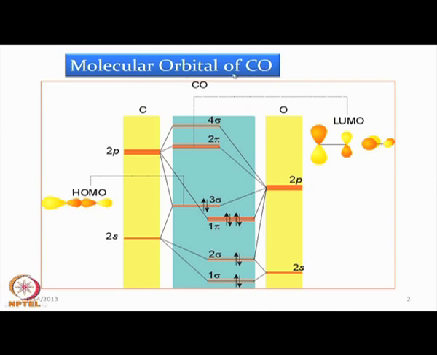Now, what about this carbon monoxide molecule which we classify as a good pi acceptor ligand? These pi acceptor orbitals are of 2 types. That means we have the 2 pi orbitals, which are of pi star symmetry. They are antibonding, corresponding to this level, which is 1 pi, and this is 2 pi, involving px and py.